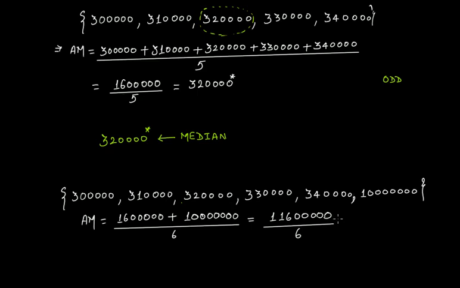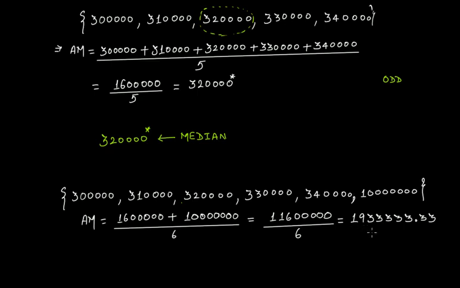When you divide this, the answer will be something like 19 lakh 33,333.33. If we look at this number, the average annual salary is coming something around 19 lakh.